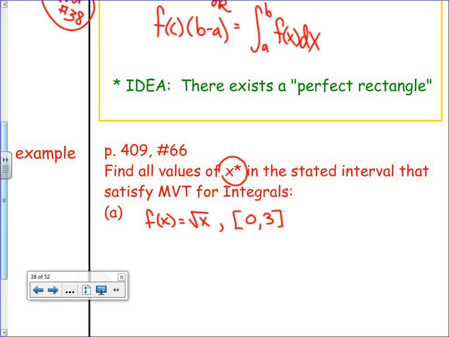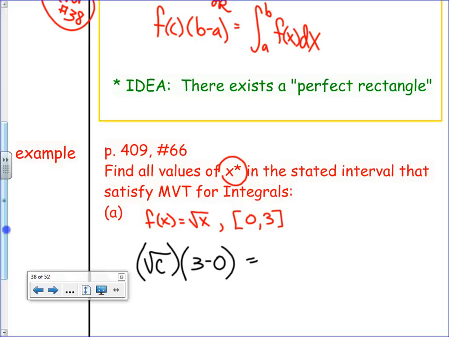MVT for integrals, I'm just going to plug in. So instead of f of c in this example, I'm going to say square root of c. Instead of b minus a, I'm going to put this example's b minus a. Hold on, pause. Can you see me plug it in? f of c times b minus a.